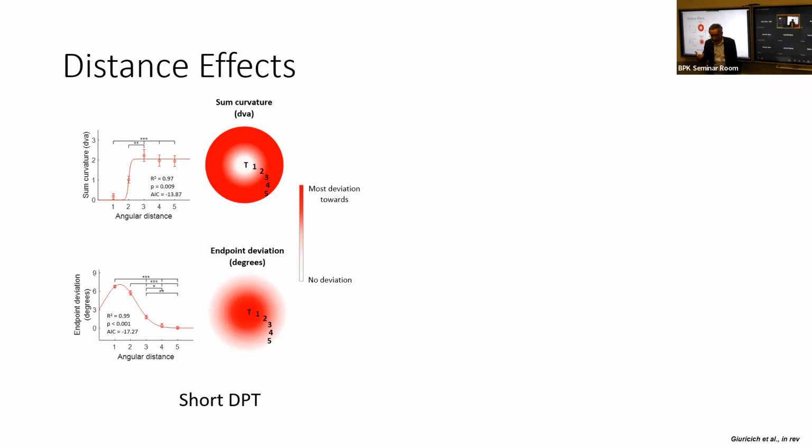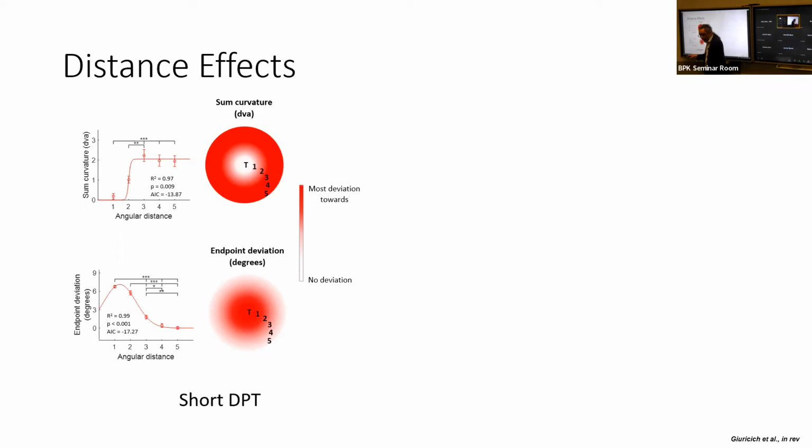In the vector average model, you would say that if you had two vectors, 0 degrees and 45 degrees, you should fall in between at 22.5. So the further we pull out the distractor, the further out you would expect the endpoint deviation to be. But in fact, that's not what happens. What you get is a decrease based on distance.